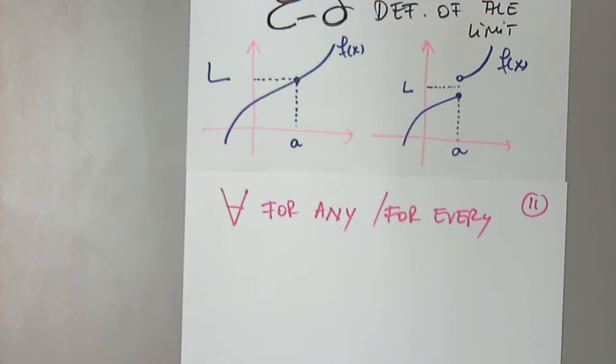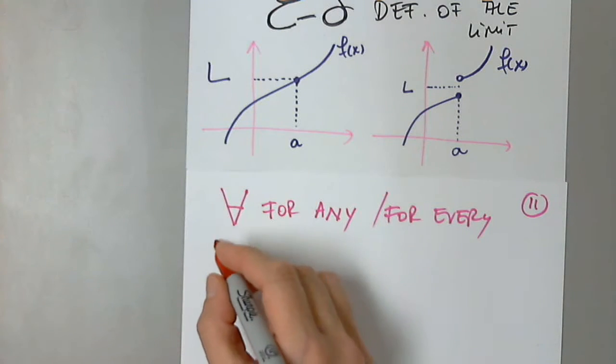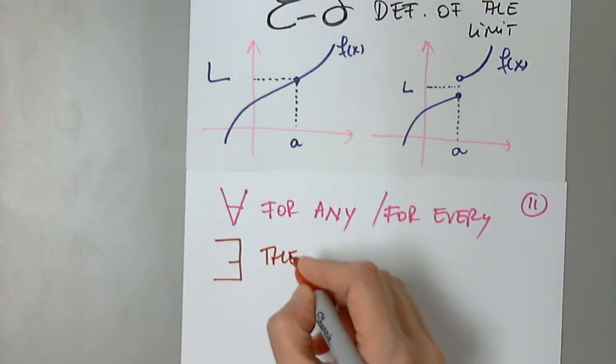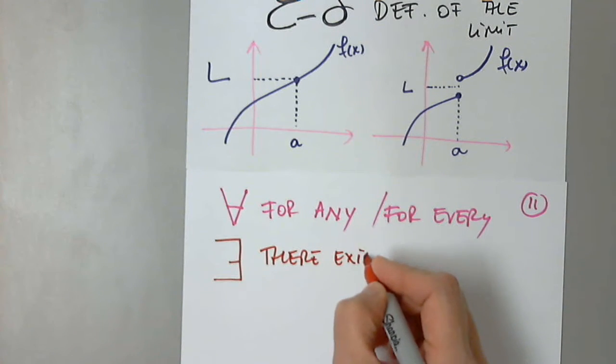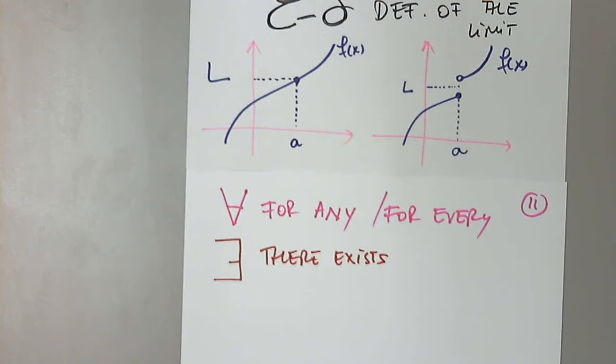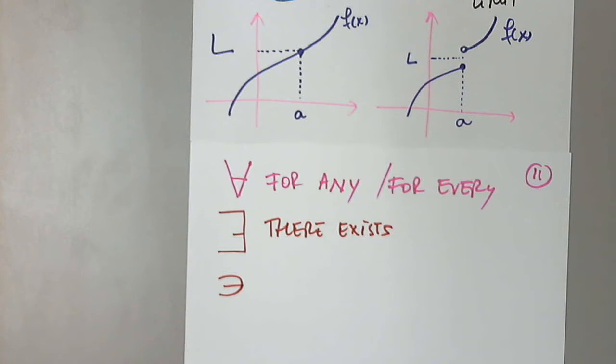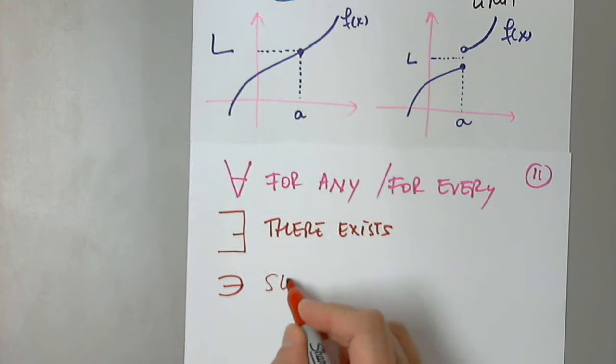It's well known in math. This symbol, E backwards, there exists. And this symbol, such that.